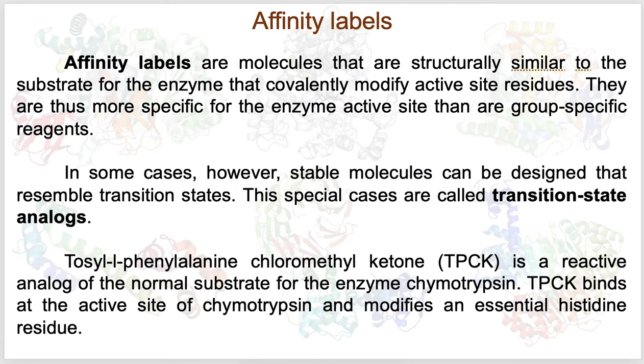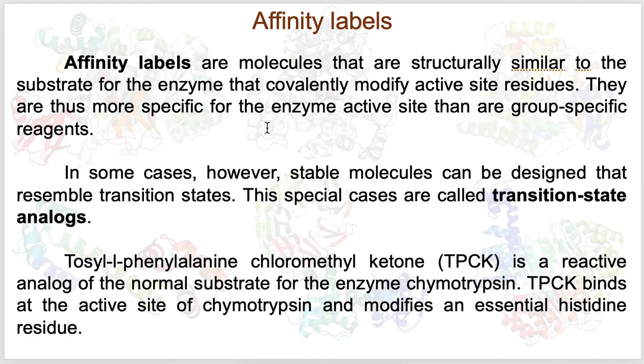Now then, another type of irreversible inhibitors, affinity labels. Affinity labels are molecules that are structurally similar to the substrate for the enzyme, and that covalently modify active site residues. That means the molecules which act as affinity labels have a structural similarity with the substrate.